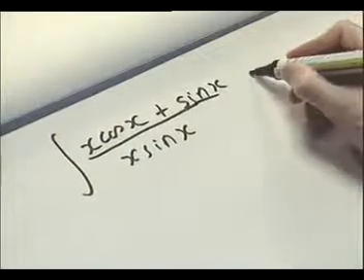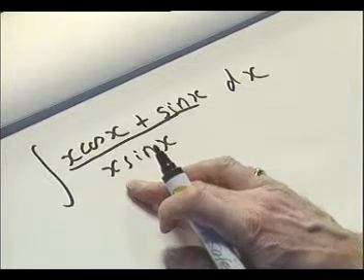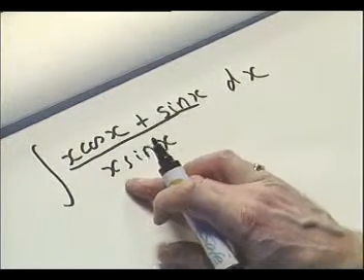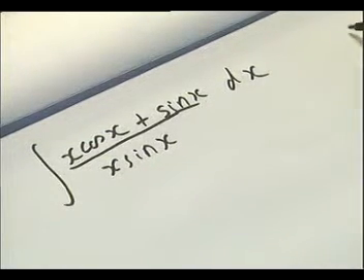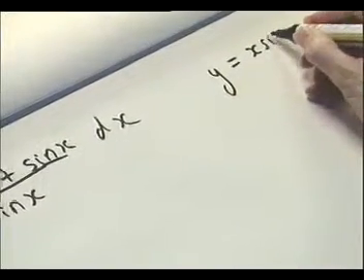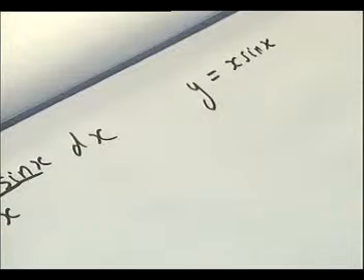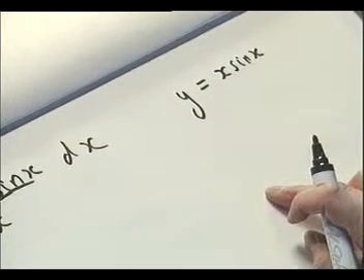So let's have a look at this. Looks quite fearsome as it's written, but let's just think about what we would get if we differentiated x sine x. And I'll just do that over here. Let's say y equals x sine x. Now this is a product. It's a u times by a v.